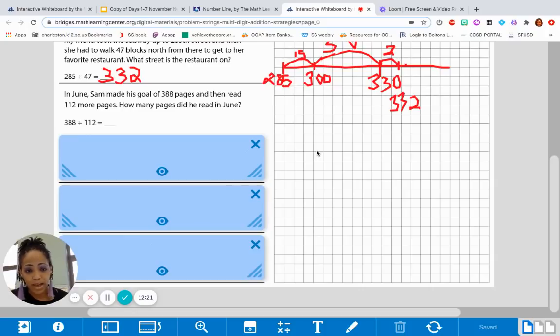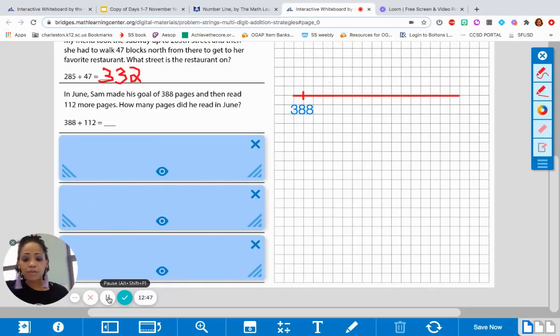Sometimes Sam reads more than that because Sam just likes to read, okay? So now maybe this problem makes more sense because now we're not talking about street numbers, we're talking about goals of pages read. So if his goal of 388 pages, he made his goal, then he read more. How many pages did he read in June? Go ahead and work this out using a number line. Remember, you can break apart your numbers.